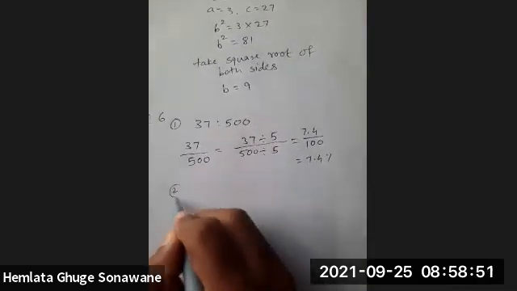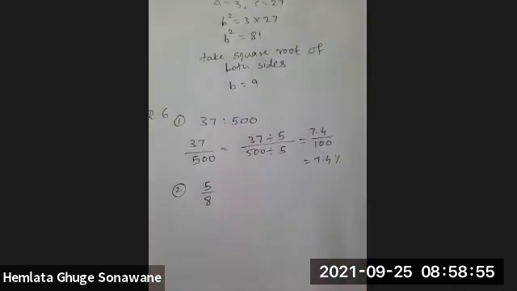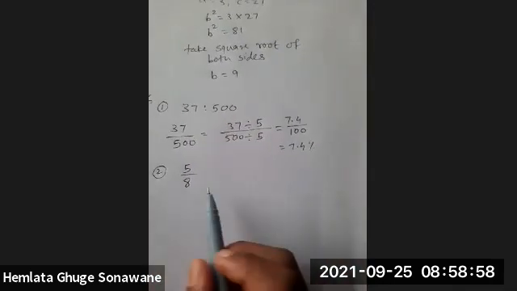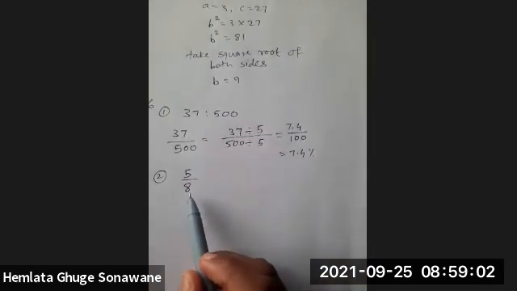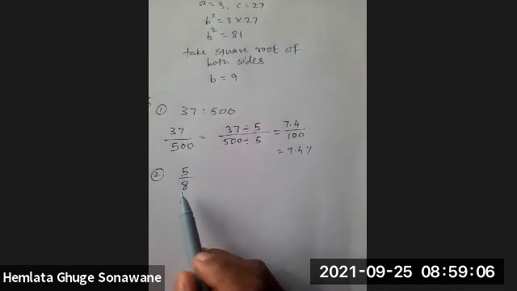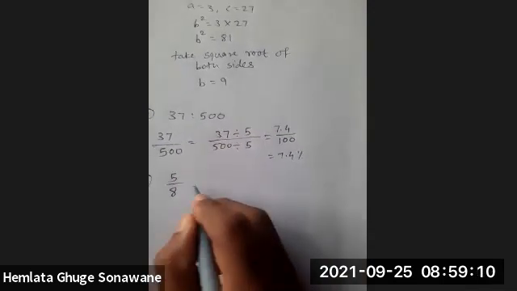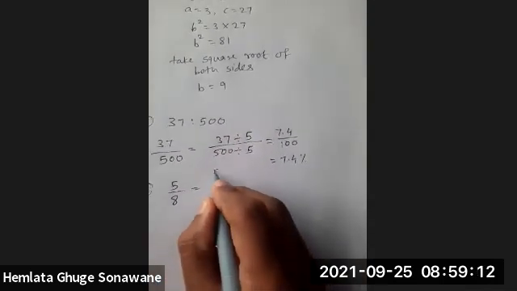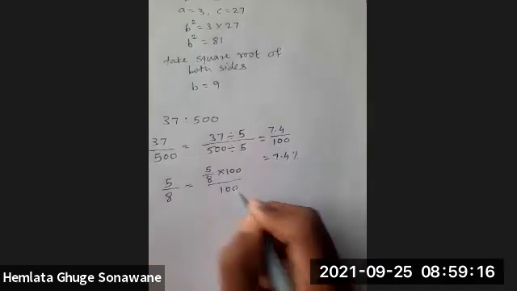Second ratio is 5 upon 8. Now here we can't convert this 8 into 100. So what we'll do? We multiply and divide 5 by 8 with 100. So it becomes 5 upon 8 into 100 divided by 100.